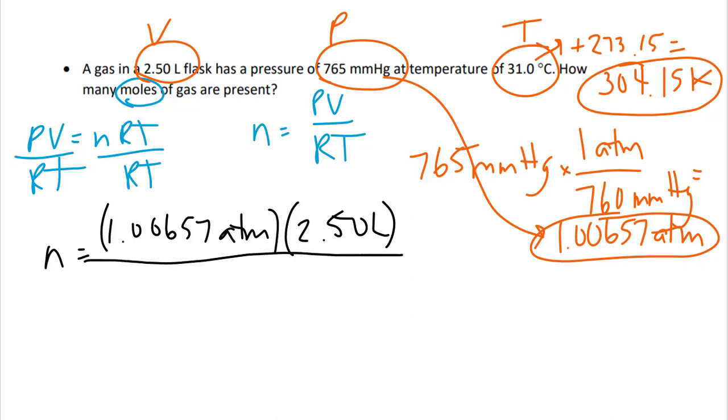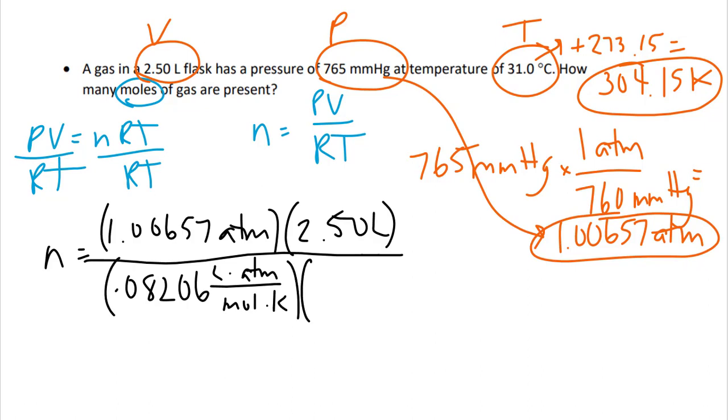So there's PV divided by R, 0.08206, which is liters atmospheres over moles Kelvin, over R times T, 304.15 Kelvin. Okay, now to solve this problem, make sure that you do the two top numbers multiplied by each other, the two bottom numbers multiplied by each other, and then do total top divided by total bottom.